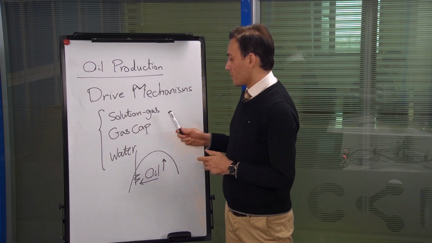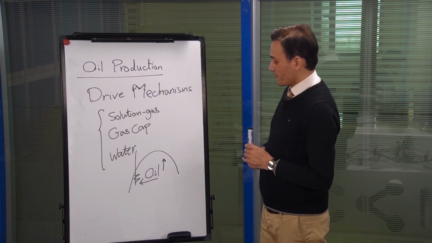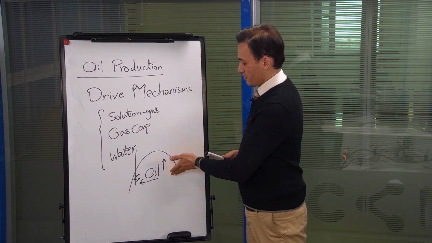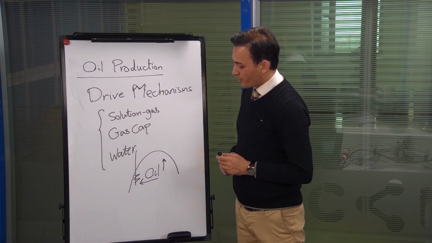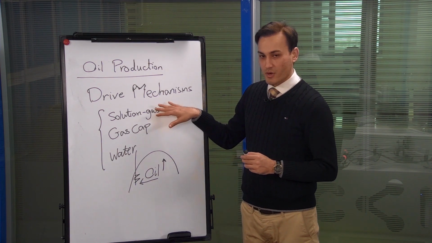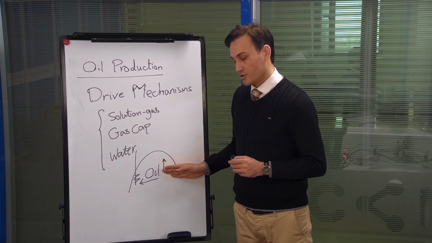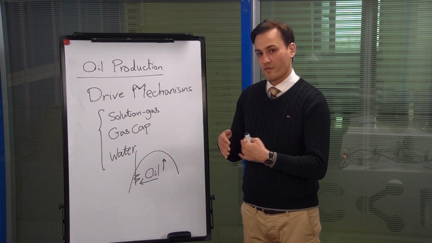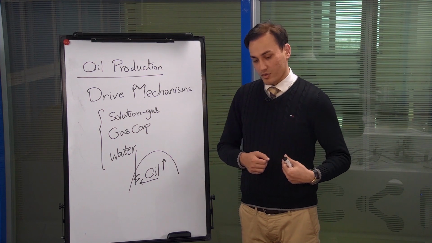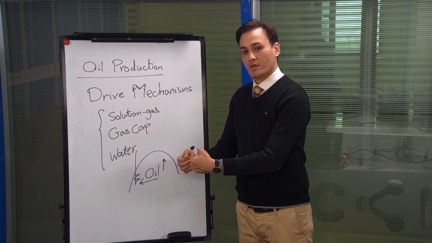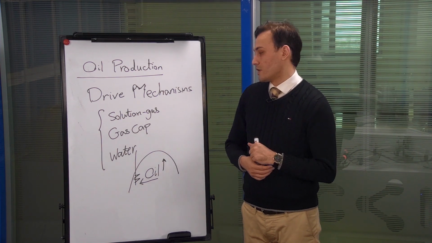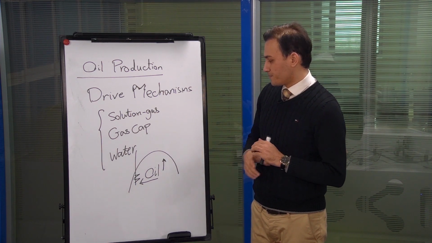So in the solution gas drive, the oil will be moved toward the well, and the gas bubbles together with it will move toward the well. And when they move, because they move faster and easier than oil, they will carry some oil as well, ending up with higher oil production.